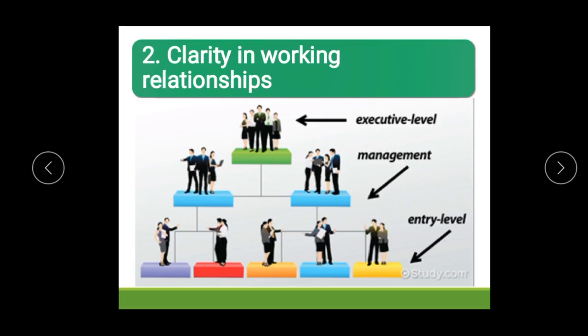It has already been decided in organizing, so there will be no confusion, no ambiguity. Clarity in working relationships is there due to organizing activities and assigning duties and responsibilities here.